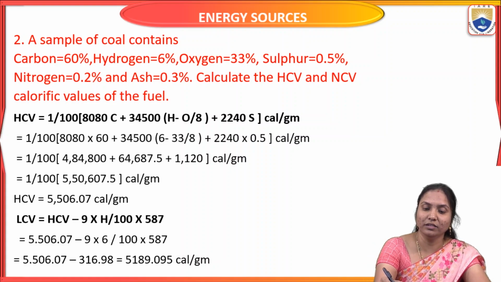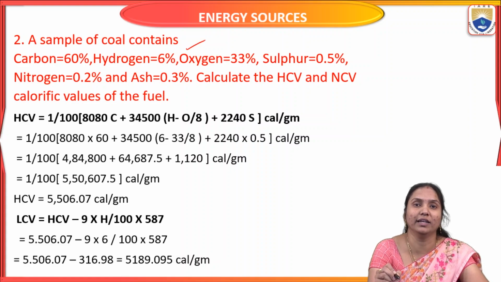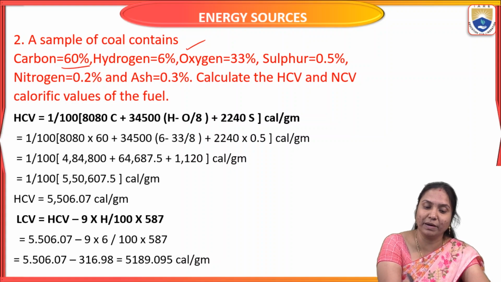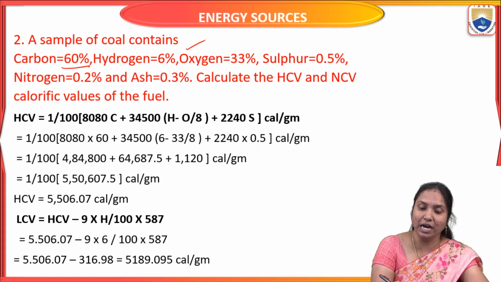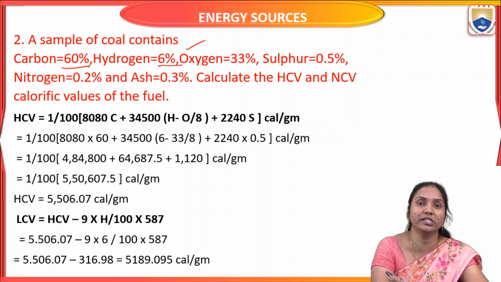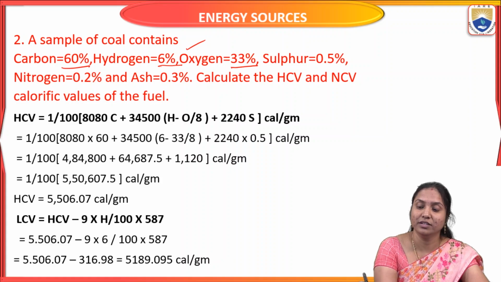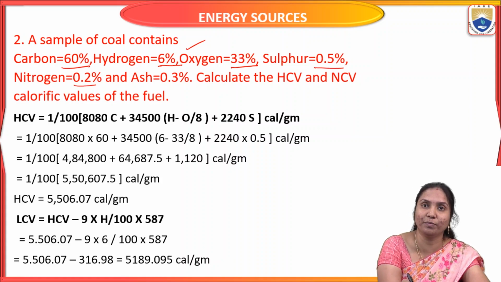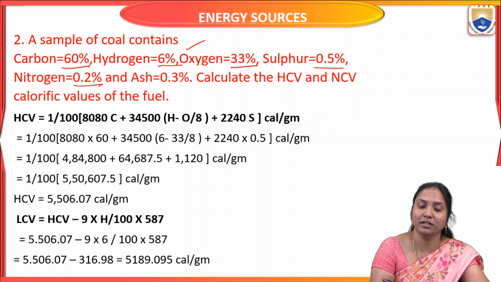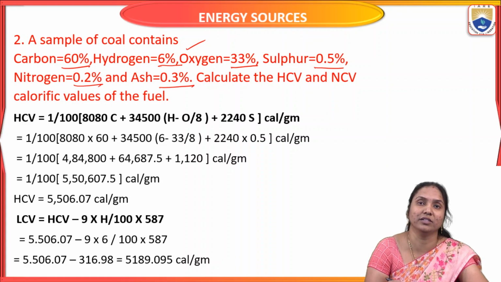A sample of coal contains carbon 60%, hydrogen 6%, oxygen 33%, sulfur 0.5%, nitrogen 0.2% and ash 0.3%.